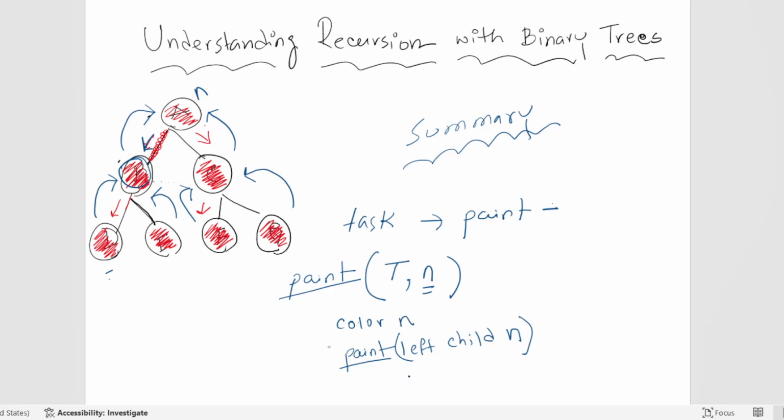So we moved right after moving left, so let's say right of n, and did the same thing again, and that's paint.